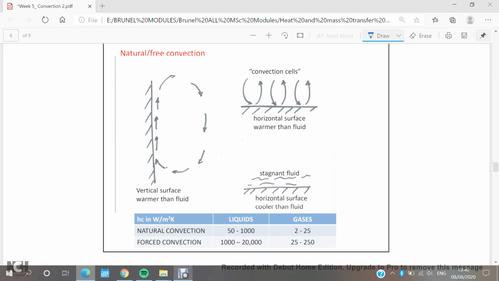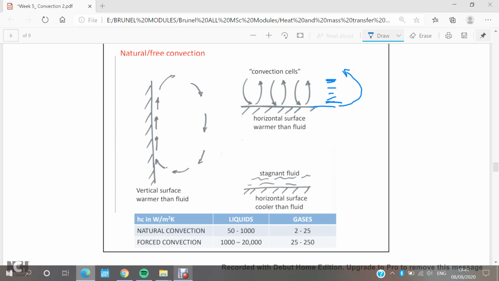Imagine I have a horizontal flat plate like the one shown here, and we have fluid layers. The nearest layer of the fluid to the flat surface gets hot, and the density of this layer becomes less, so the buoyancy force moves this layer to the upper surface, the free surface of the fluid.